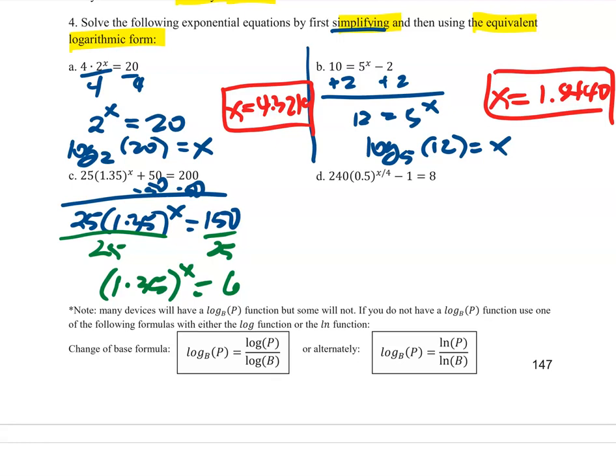So that is log base 1.35 of 6 is equal to x. And x is equal to 5.9705.